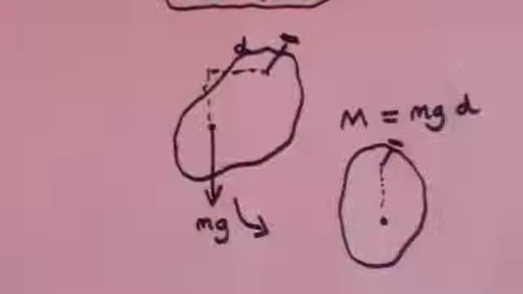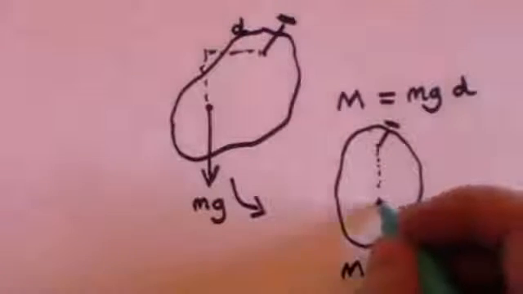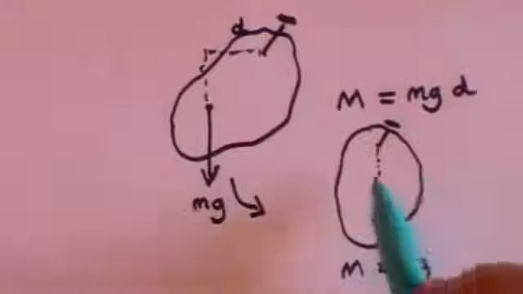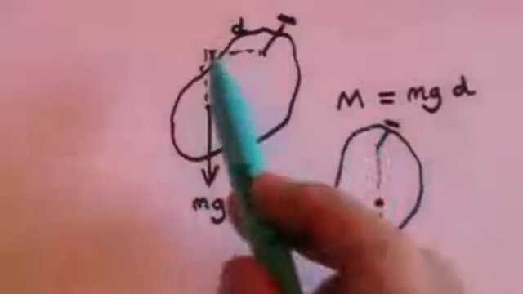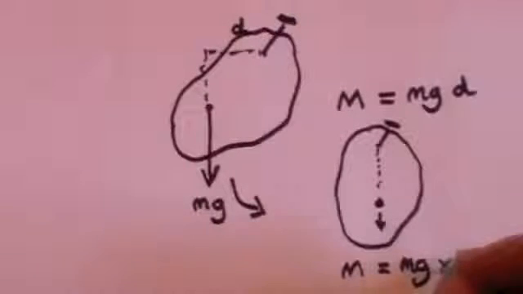Why? Because the moment of the force then is still going to be force times distance. The force remains mg, but what is the distance, this equivalent distance? Now, the answer is 0. There is no distance.